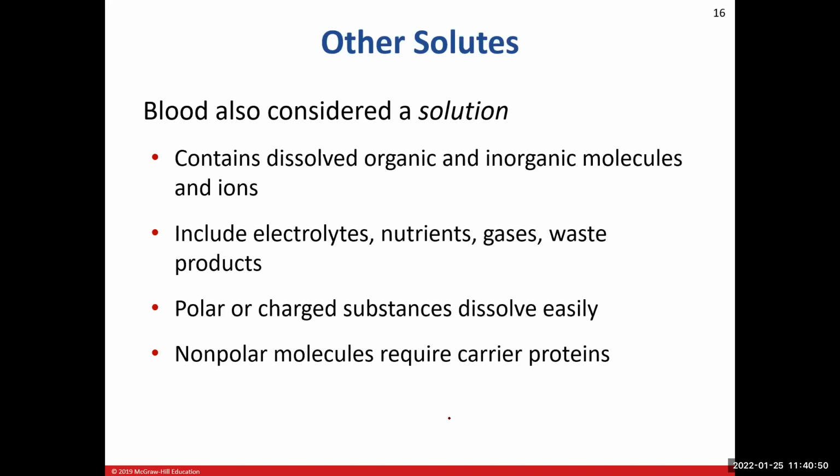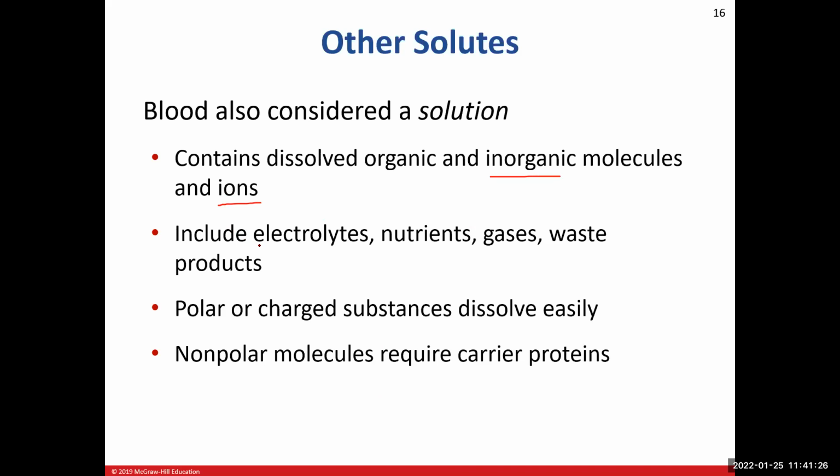So it's going to have both organic and inorganic molecules. Now, what defines something as organic is that it has carbon in the molecular formula. If it doesn't have carbon in the molecular formula, then it is referred to as inorganic. So ions are inorganic. So all these other solutes will include electrolytes, nutrients, which would be lipids, regular proteins, which would be amino acids, and glucose.